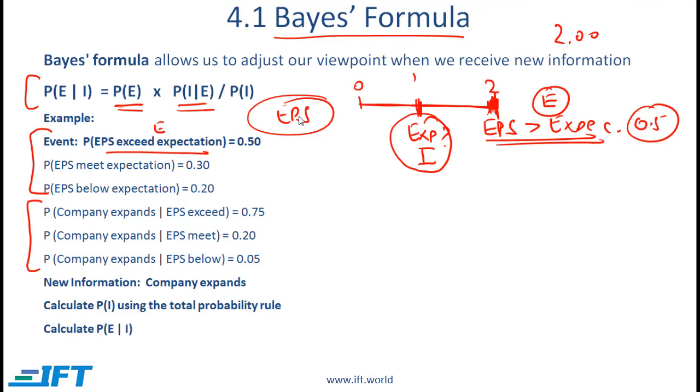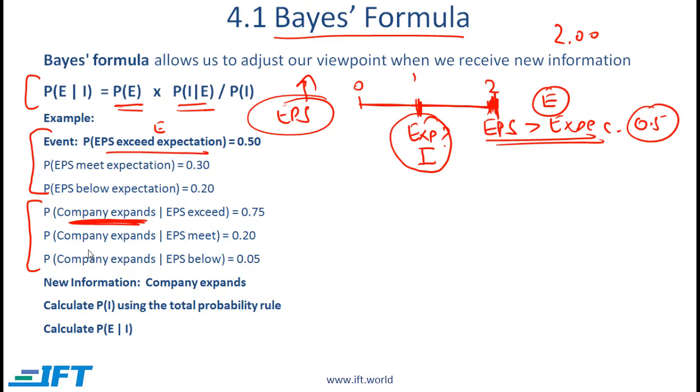This EPS number has not been announced, but you as an intelligent analyst know that the company is more likely to expand if the EPS number is good. So you come up with these conditional probabilities, and these are subjective probabilities where you estimate that the probability that the company will expand given that EPS exceed expectation is 0.75.